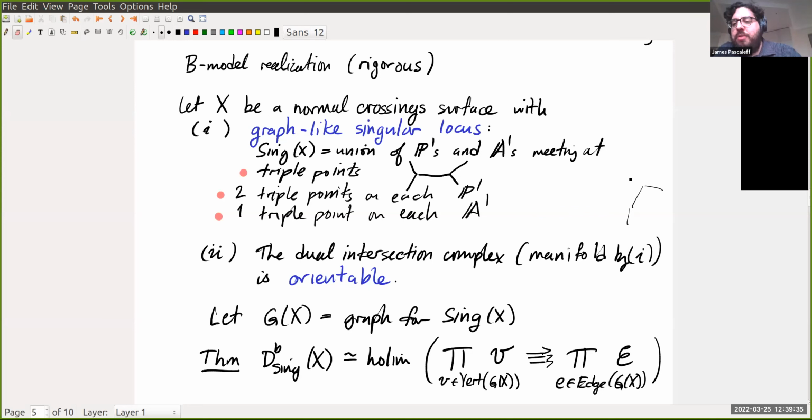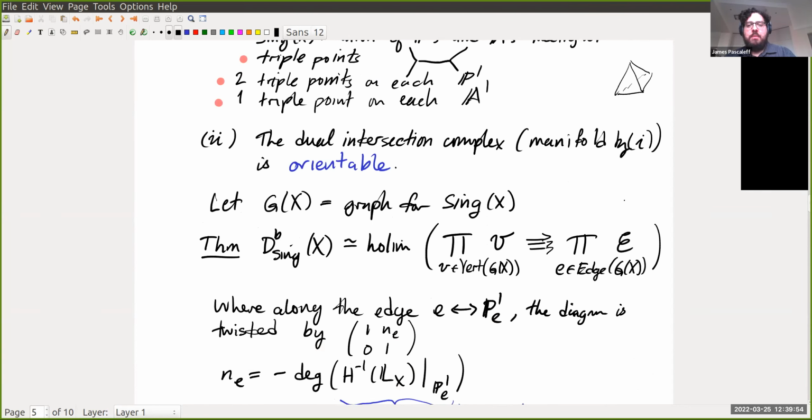For the toric boundary of P3, the dual intersection complex is homeomorphic to S2. That's the thing I'm talking about, and I want to assume that it is orientable. All right, so those are my hypotheses.